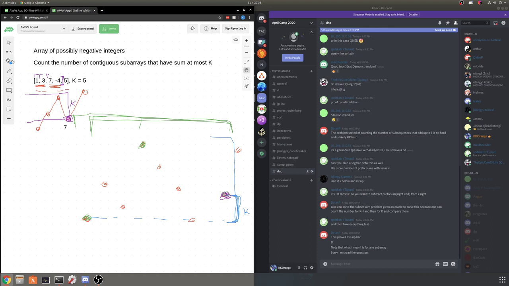So to summarize, what you're trying to do is, for each of these points, count the number of points that are inside this rectangle, where this extends down by k and this extends up by infinity.